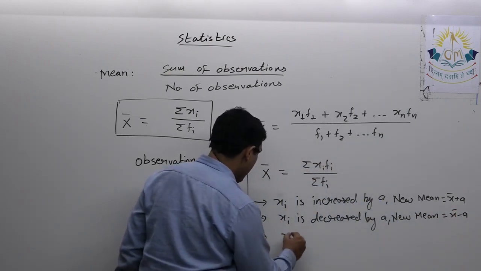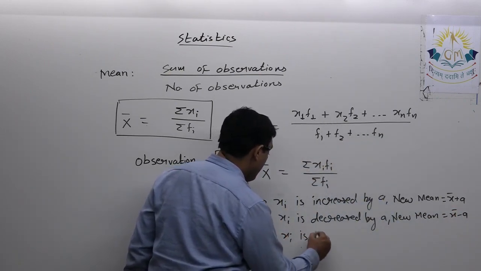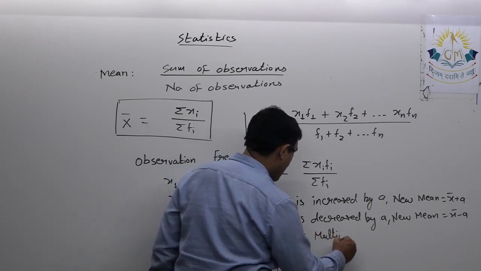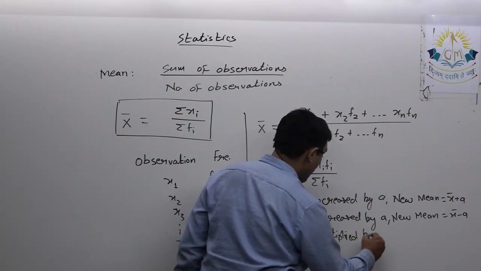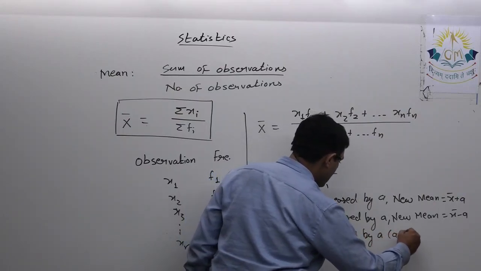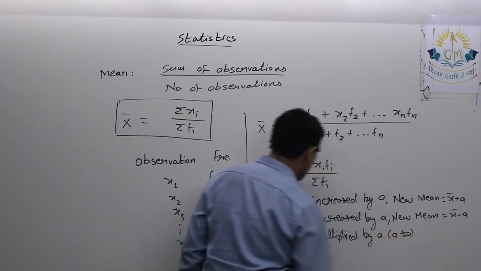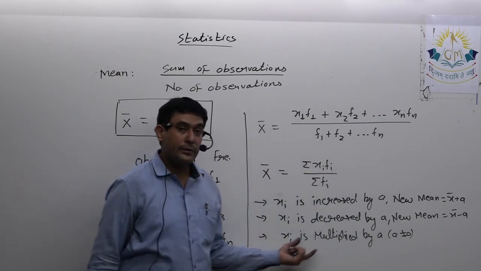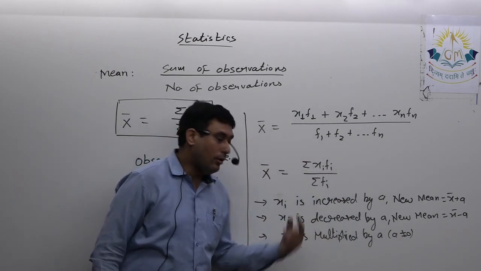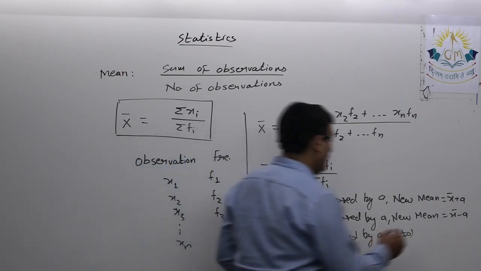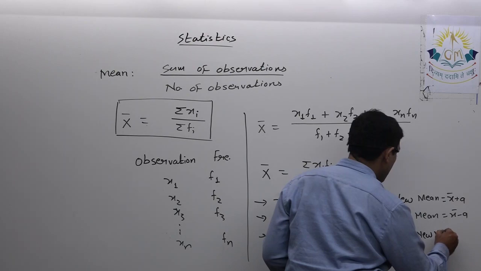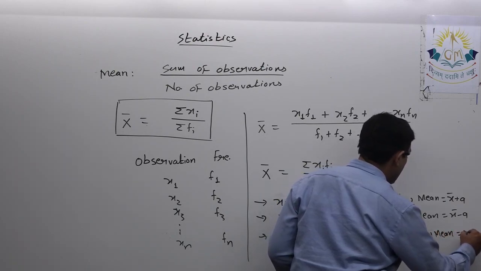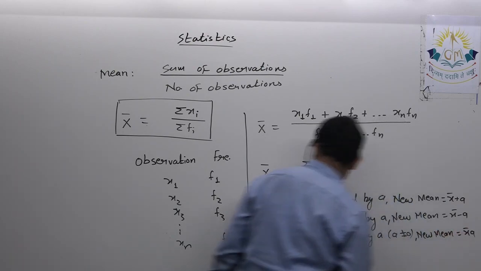If each observation is multiplied by a, here there is a condition, a should not be 0. That means if each observation is multiplied by a non-zero constant, then the new mean is also multiplied by that, that means x bar a.